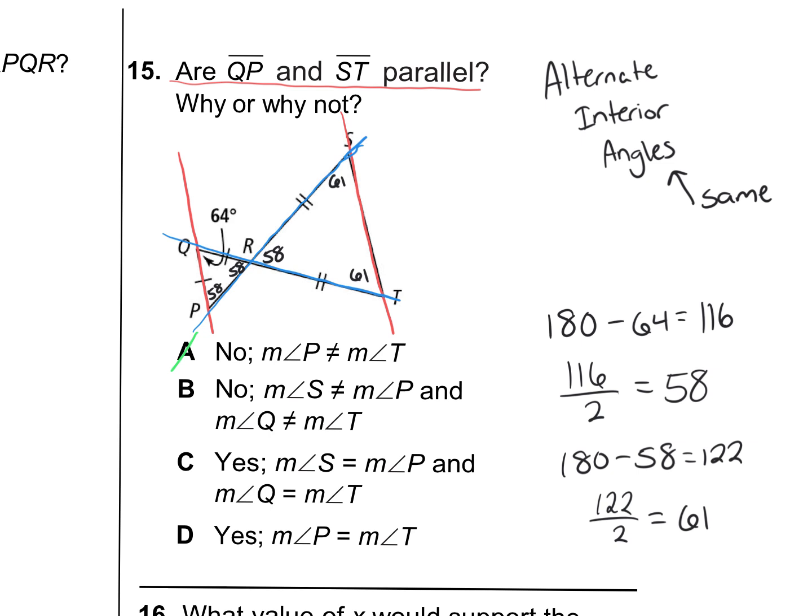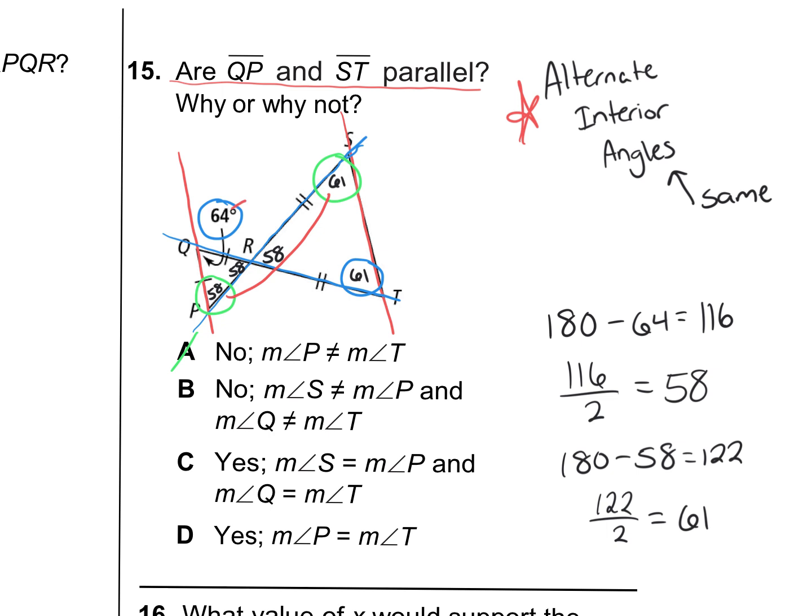B says measure of angle S does not equal measure of angle P, and measure of angle Q does not equal measure of angle T. Do those pairs of angles have a relationship with each other? What is their relationship? They're alternate interior angles. So what should these two be?